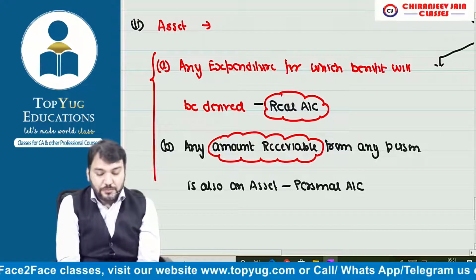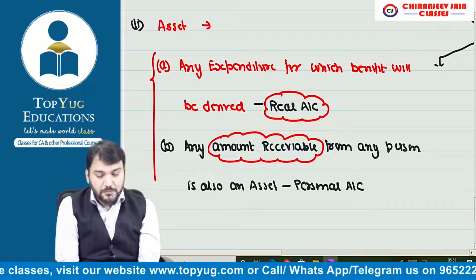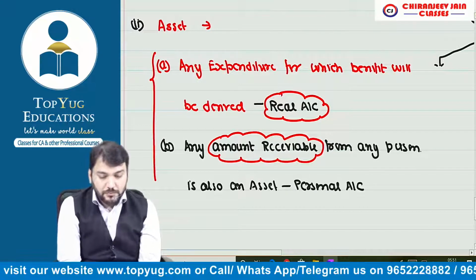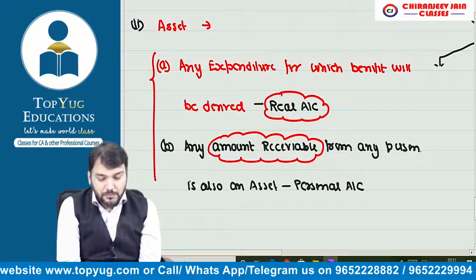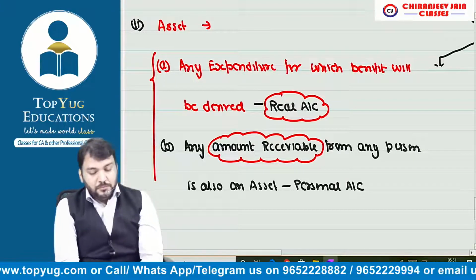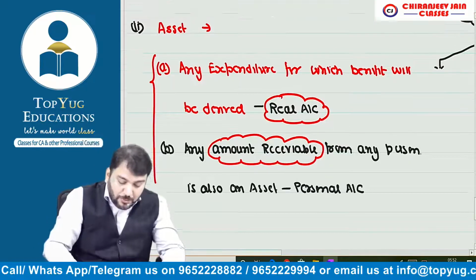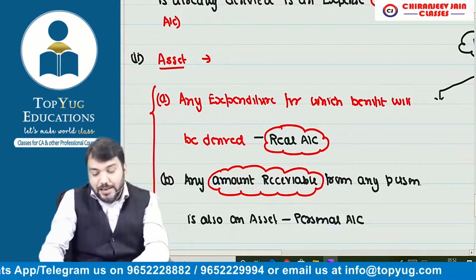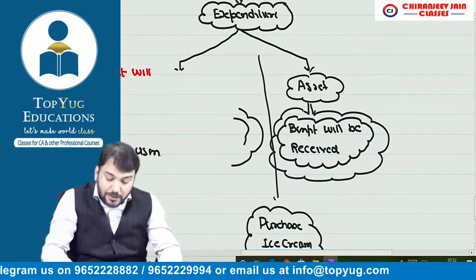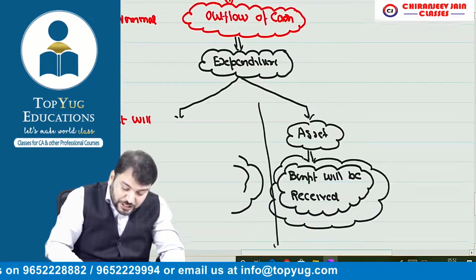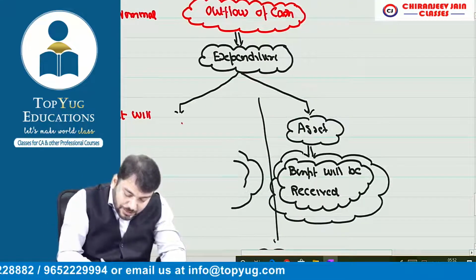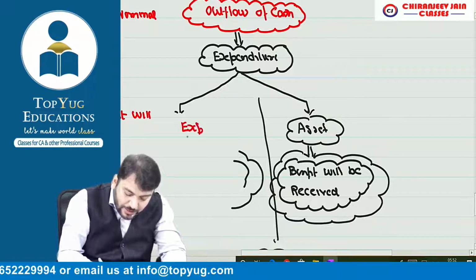Have you understood? A point you have not understood. This is the A point, right? The example is what? This is expenditure. Here I said this was an expense.